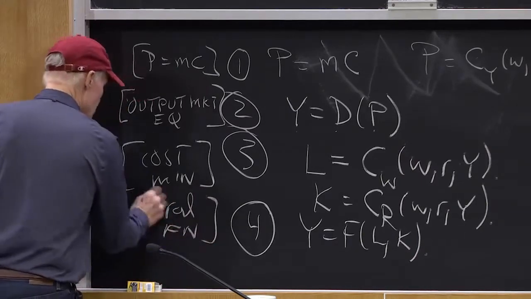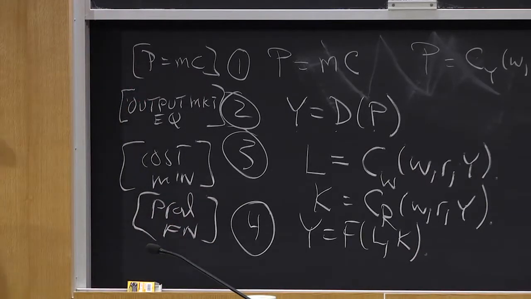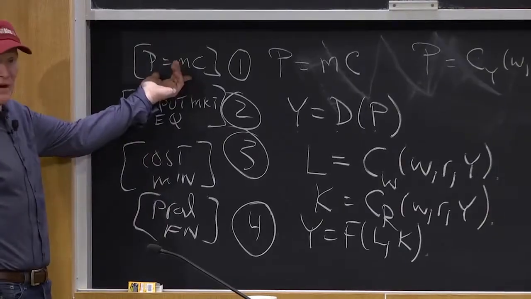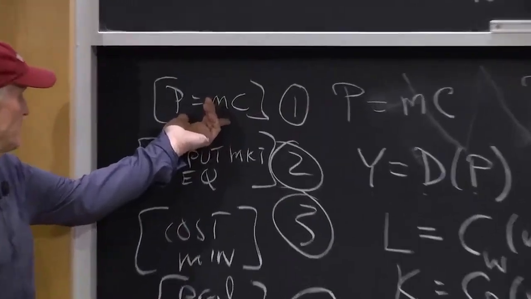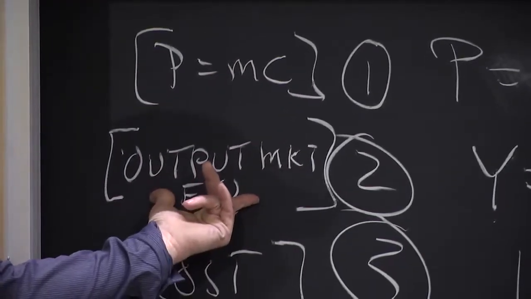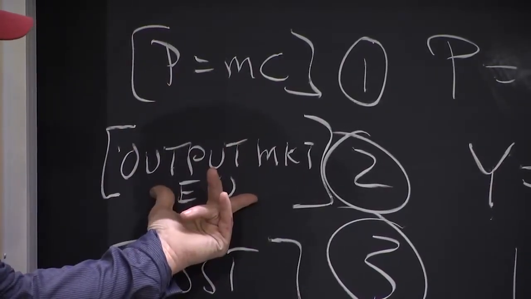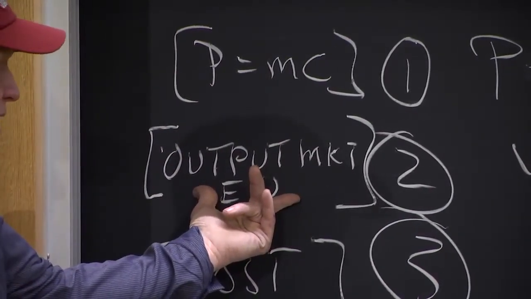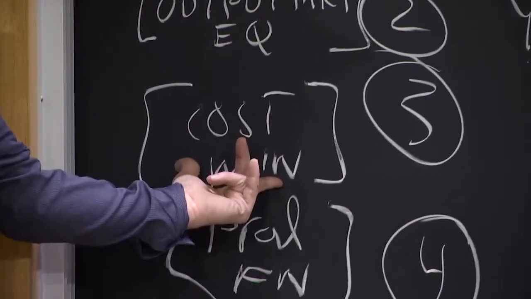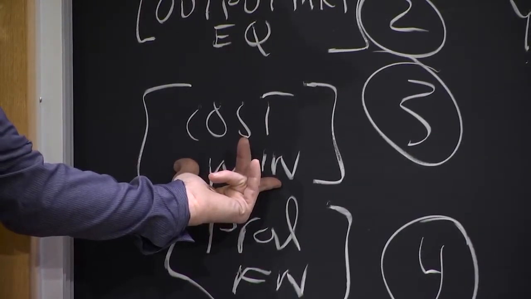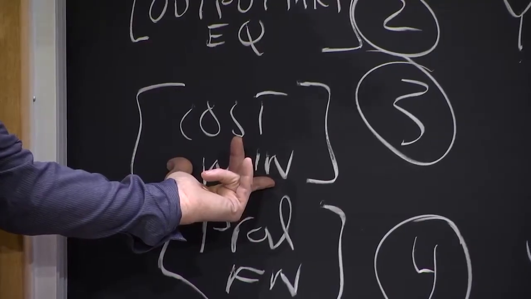So my industry model is going to have four ingredients. It's got competitive pricing, price equals marginal cost. It's got an output market equilibrium that says whatever that price is, it's got to be consistent with the level of output that consumers demand. I got to have my firms maximizing profits, which corresponds to minimizing cost.